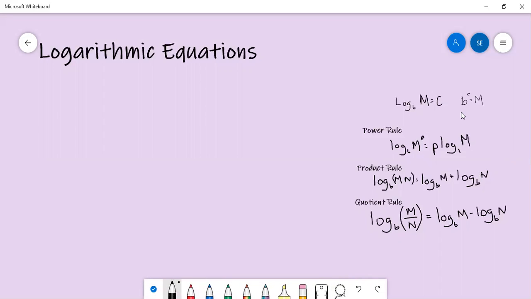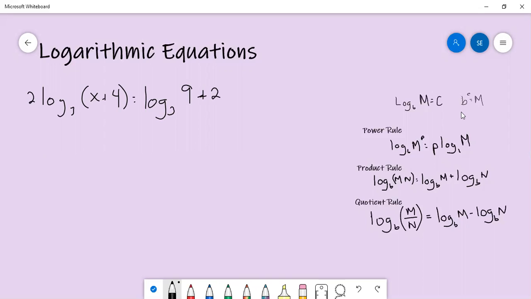So if I have something that looks like 2 log base 3 of x plus 4, this is equal to log base 3 of 9 plus 2.